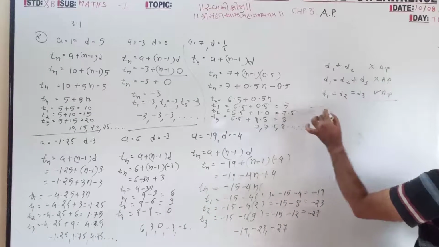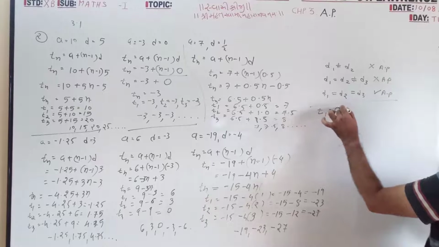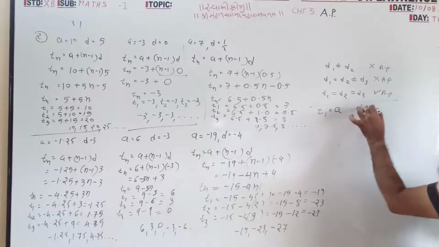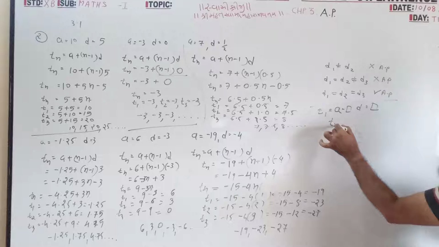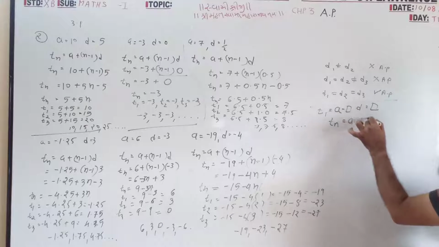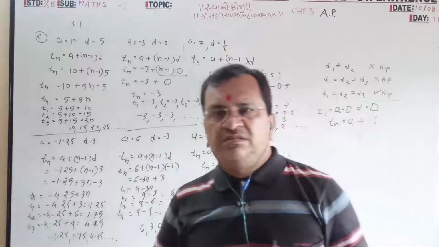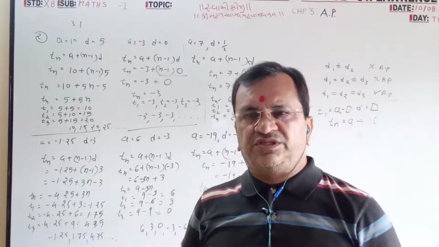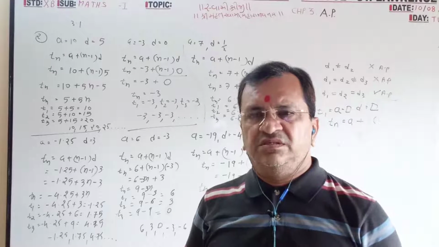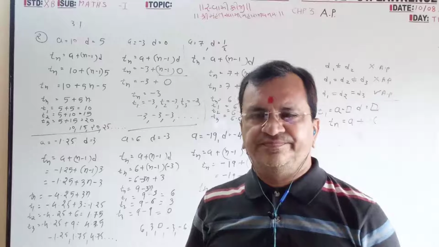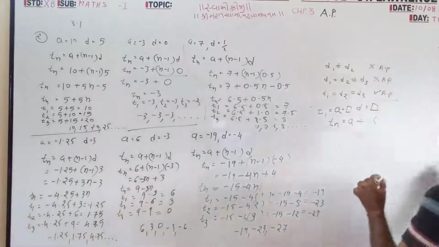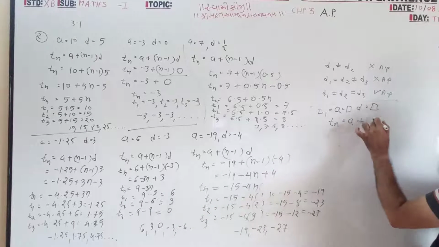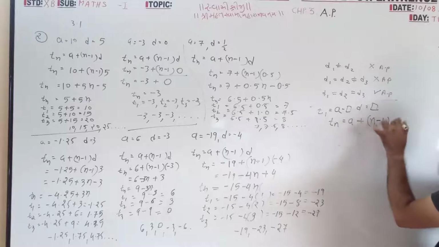Topic number 2. T1 is equal to A always and the difference is given as something. So at that time Tn is equal to A plus n minus 1 d.